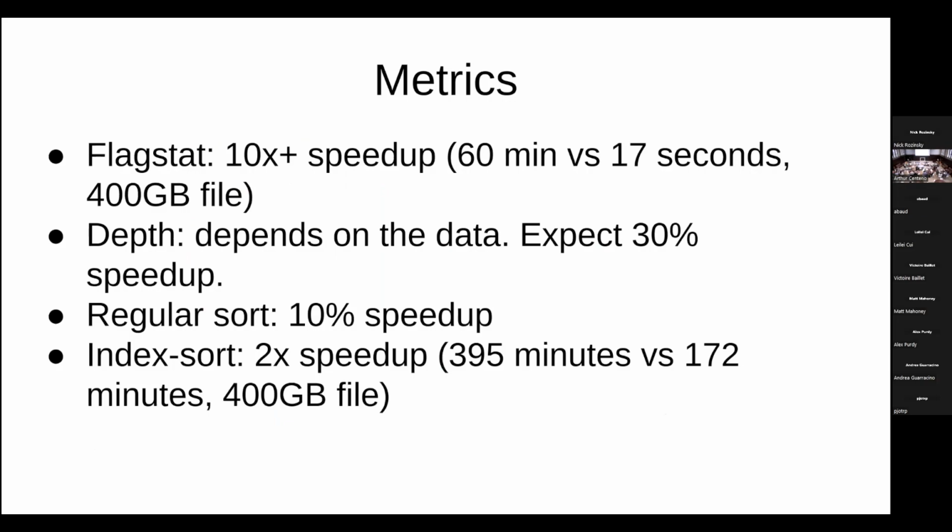So some routines, such as depth, depending on the file origin, can utilize most of the data in the file. Then we don't get exactly a great speed up, but sometimes it's pretty good. But for routines such as flagstat and index sort, we've got great results, as you could see on the slide.